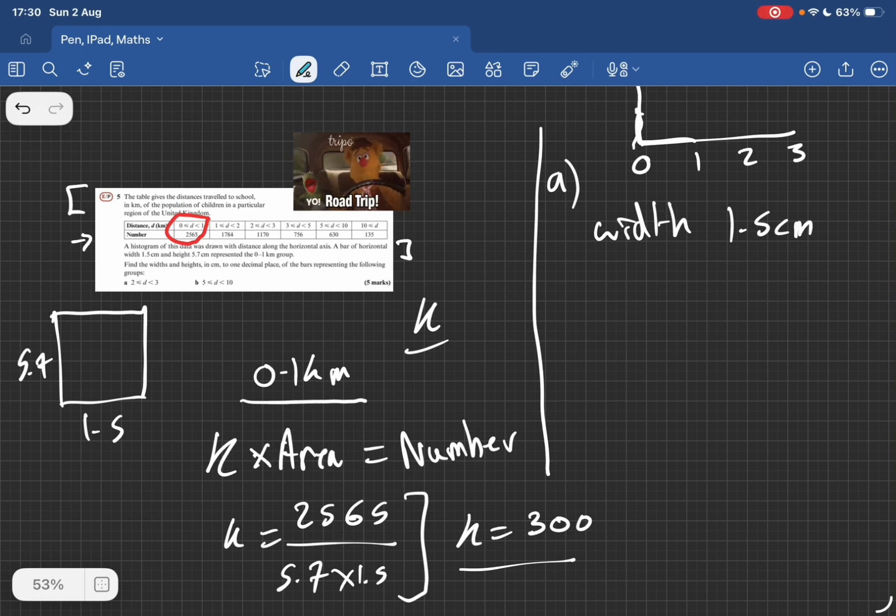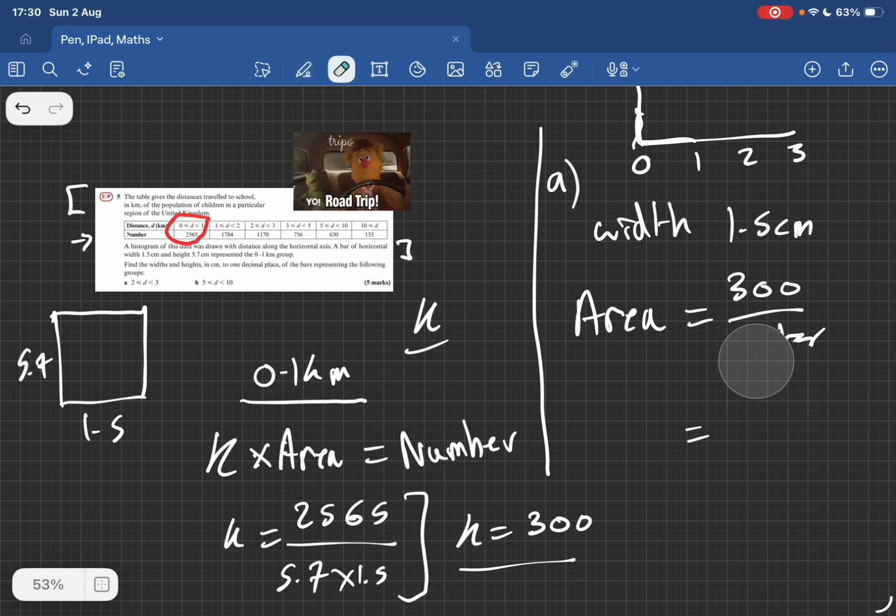Now we can find the area. The area of 2 to 3 must be the number divided by k, our scale factor of 300.